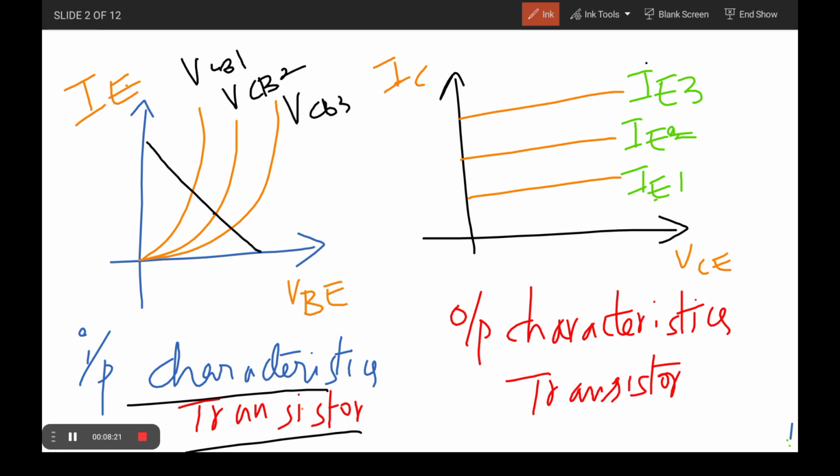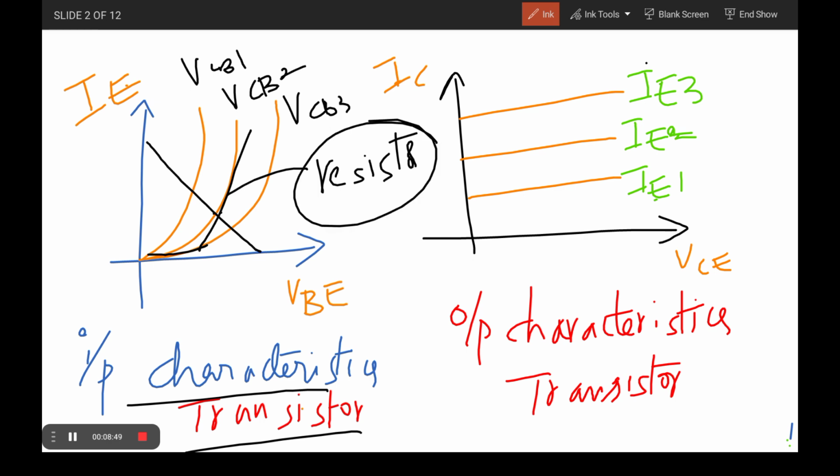So if you maintain the collector base voltage VCB as a constant and increase the VBE voltage, the graph is represented like this. If you draw the tangent, it behaves as a piecewise linear model. It represents some resistive nature, so it is similar to the PN junction diode.